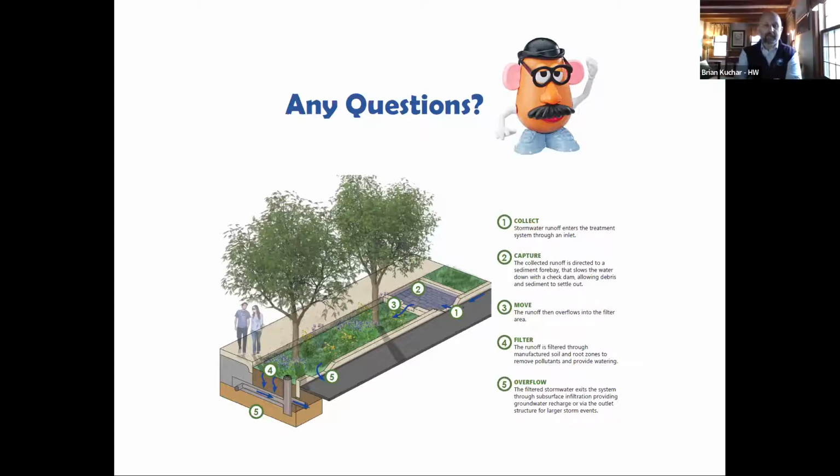Yeah, I would just add that, as I mentioned earlier, it's really a companion document. So if you were going to design one, you should be referring to your state and local regulatory requirements and their design guidance for sizing and really the more engineering or design elements.